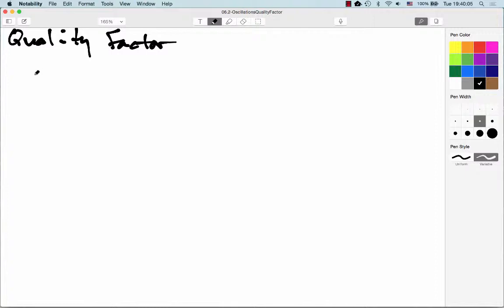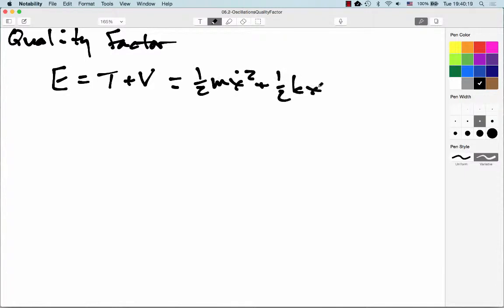Okay, so we'll start with our mechanical energy. That'll be the kinetic plus the potential. So that is 1/2 m x dot squared plus 1/2 k x squared. Now, since we have a dissipative force here, we're going to be losing energy with time.